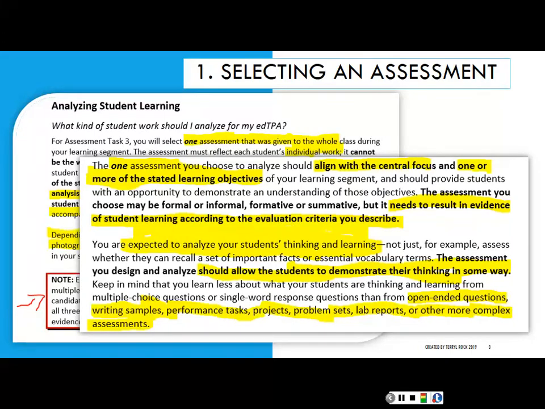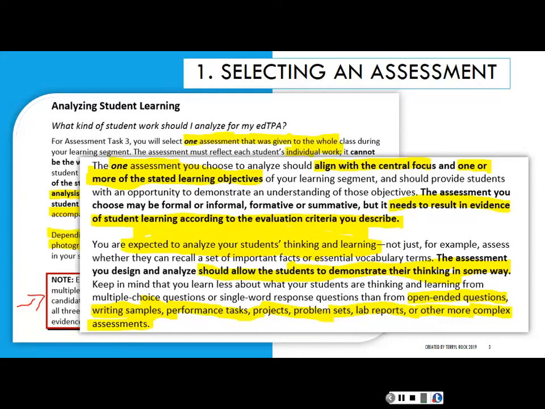One assessment. Now this is important. It's got to be part of your central focus, and it needs to be aligned with one or more of your stated objectives. The assessment can be formal. It can't be informal. It says that it can be informal. There's no way, if you're taking documentation on it, that it's going to be informal.